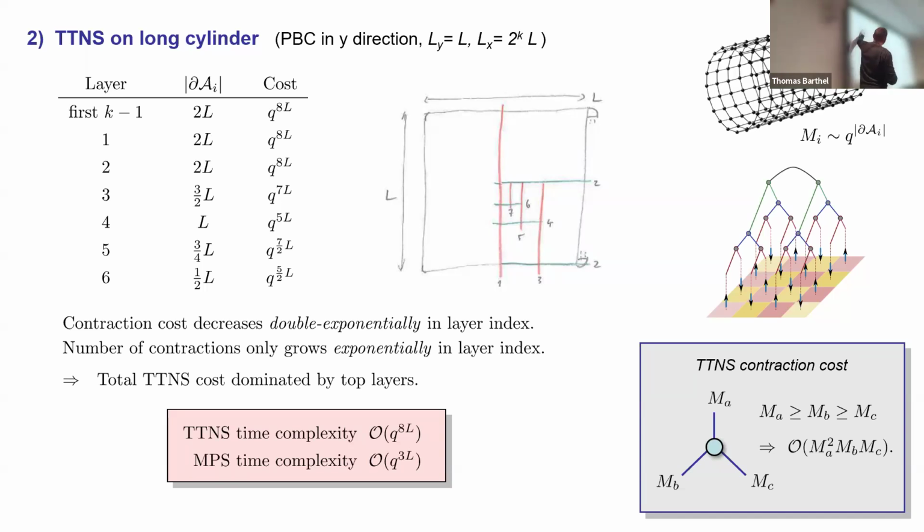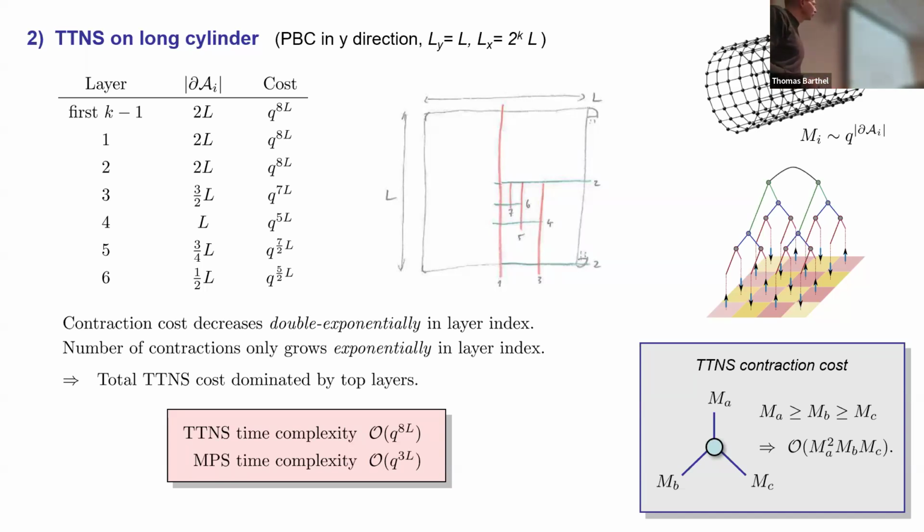Still the top layers will dominate the cost because the cost decreases double exponentially with increasing layer index, whereas the number of contractions you need to do just increases exponentially in the layer index. So the first few contractions will dominate the overall cost. And so we just have to look at what we have here. So we have q to the 8L, which is much worse than what we have for MPS.